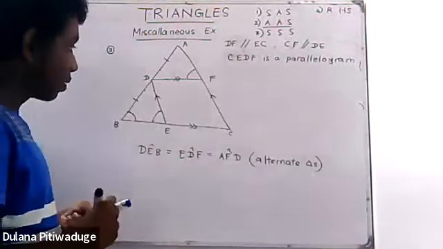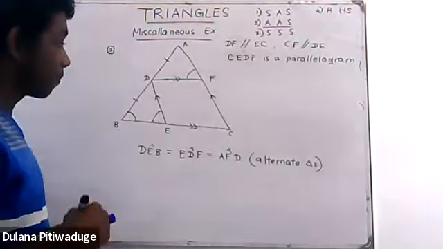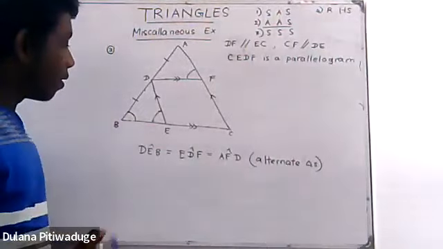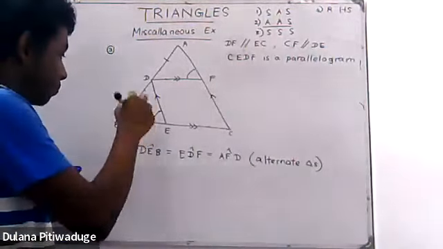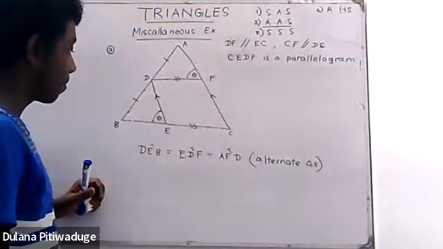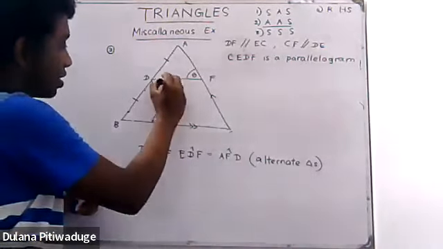Now how do we prove that this angle is equal to this angle? There are several ways. If you consider this angle as theta, this here is theta, then it's theta as well.